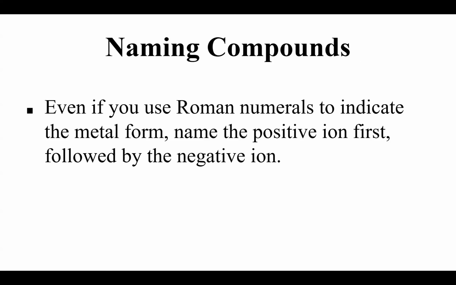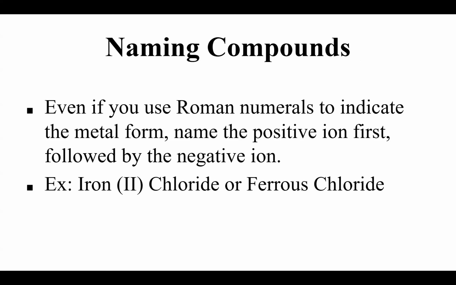Now, even if you use Roman numerals to indicate the metal form, you still name the positive ion first, and then you follow it with the negative ion. Here we have iron(II) chloride or ferrous chloride. It's still named positive ion first, followed by the negative.